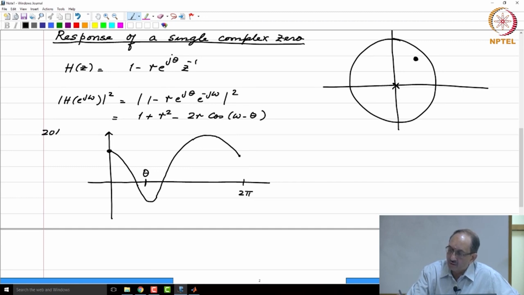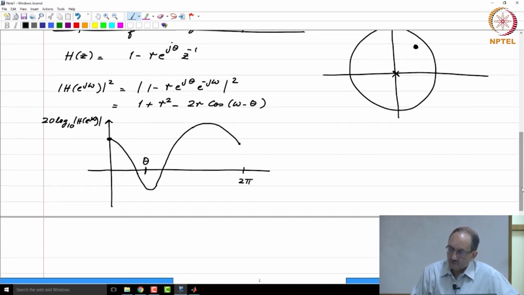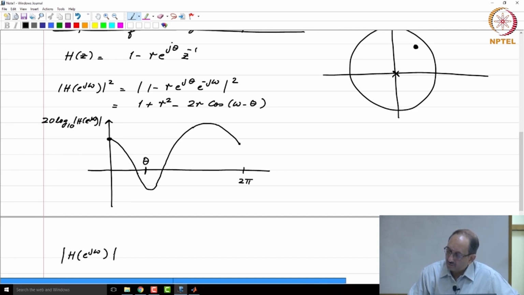So this is typically 20 log 10 magnitude of H of e to the j omega. Note that the magnitude of H of e to the j omega, whole squared, minimum will occur when omega equals theta.